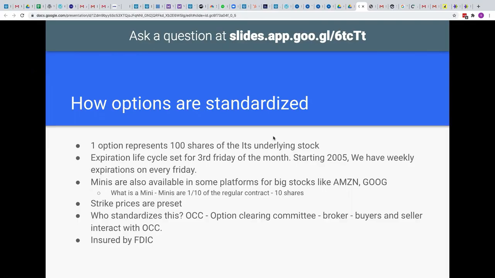That means they will have a strike price at $100, then at $105, then $95 and so on down, and then 105, 110 on the other side. So you cannot have a strike price like 99 or 101, 102. It's all preset. Now you might be wondering who sets this standardization, right? This is done by somebody called the OCC.